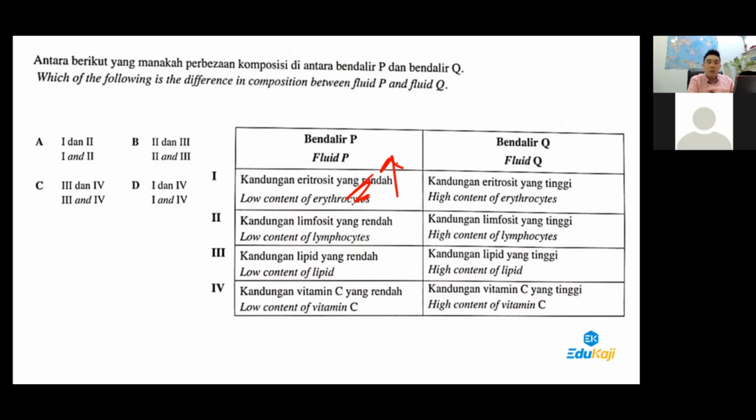Now, between P and Q, Q has more lymphocytes than P because in the lymphatic system, there are lymph nodes. They can also produce the lymphocyte. Okay, they also have more fat. This is wrong. So guys, 14 answer is B.